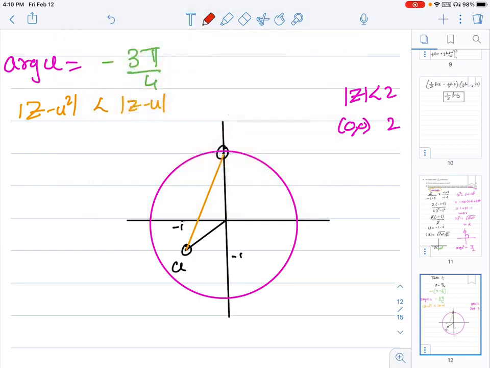Let me draw in the perpendicular bisector. And the shading should be towards u squared and inside the circle. So this is going to be the answer: shading towards u squared and inside the circle.